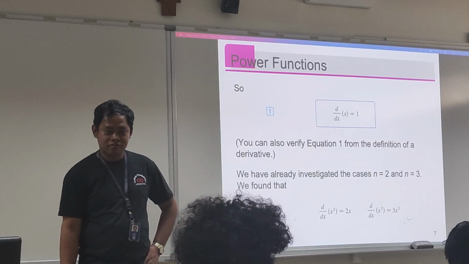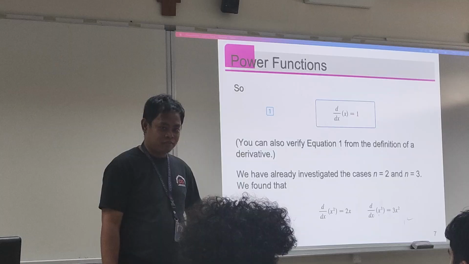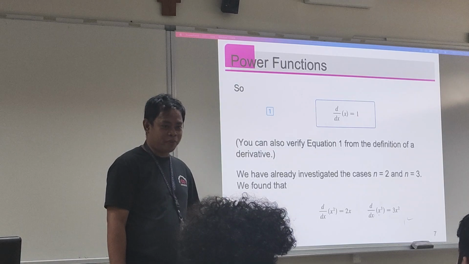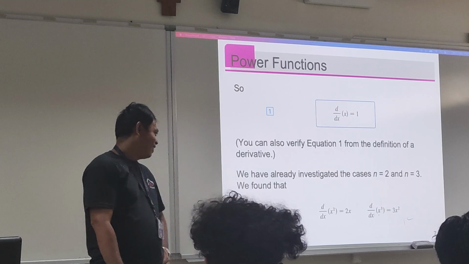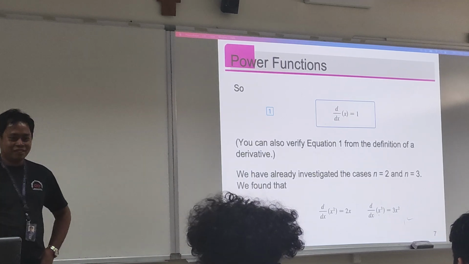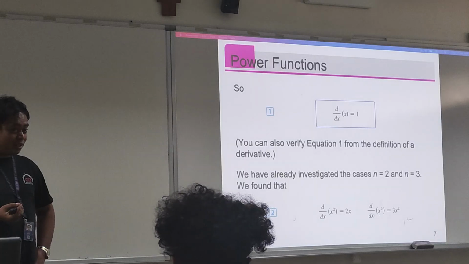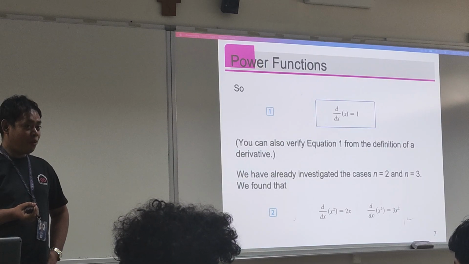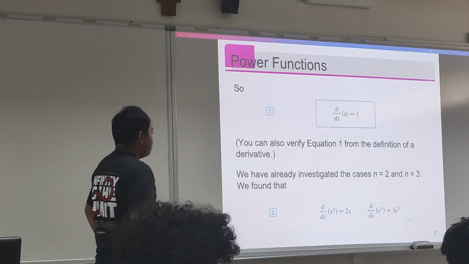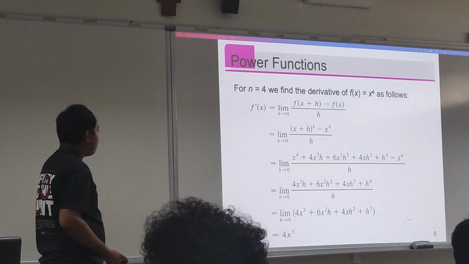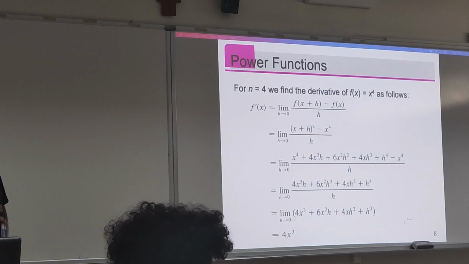The question is, do we have to write that down every time we do this? By the power rule, no need. For n equal to 4, of course, we must solve using the definition of limits.